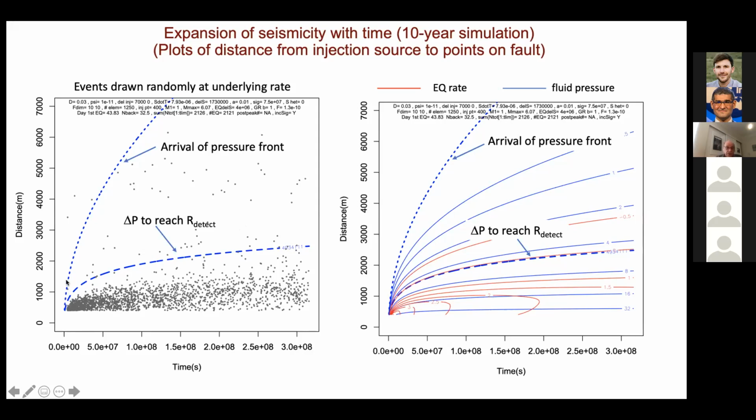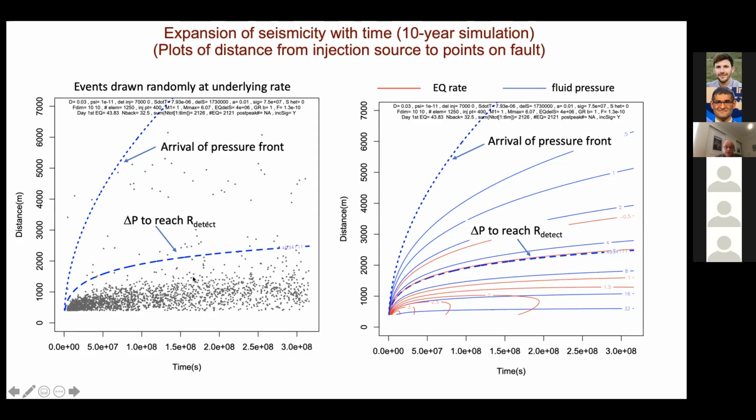This curve, the arrival of the pressure front, is solely a function of the pressure diffusivity term D, but it's quite different from the earthquake front, where you can observe seismicity.